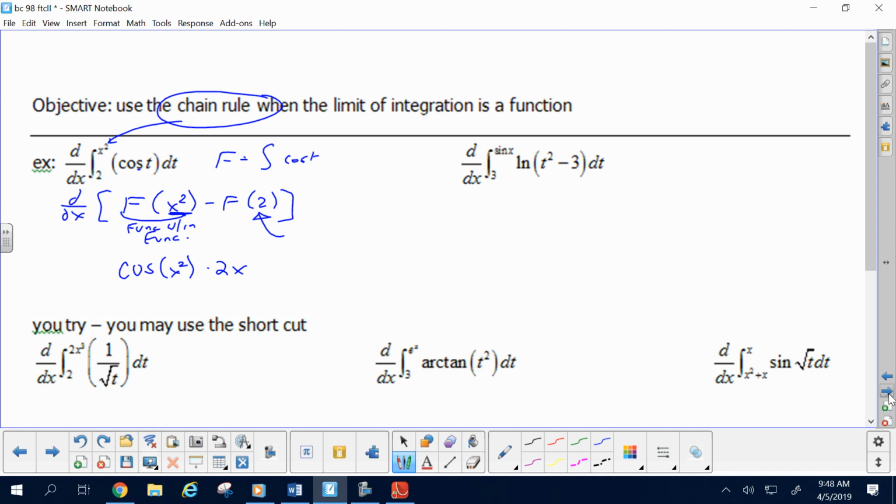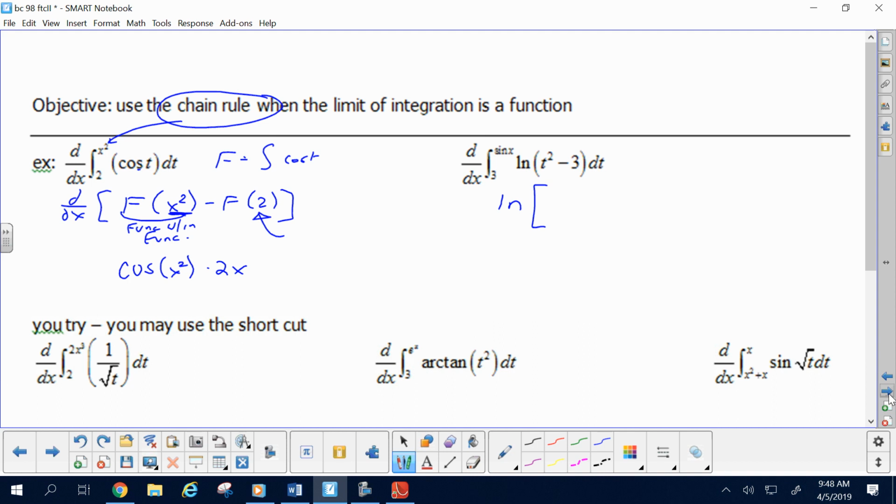You can see then, when you have a function in one of those limit spaces, you're going to have a chain rule going on. So what about this guy here? Let's do this one together. Should we try without the shortcut? What would it be? Or with the shortcut? Okay, so what would we do?